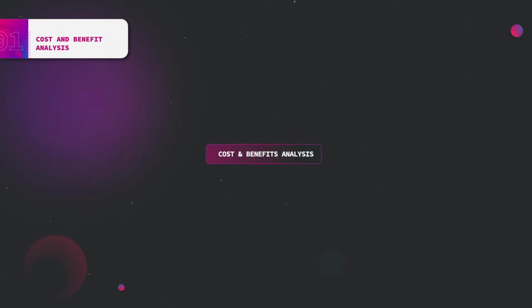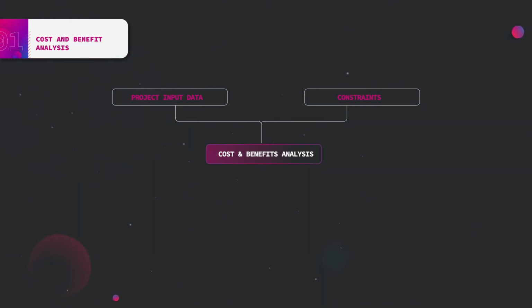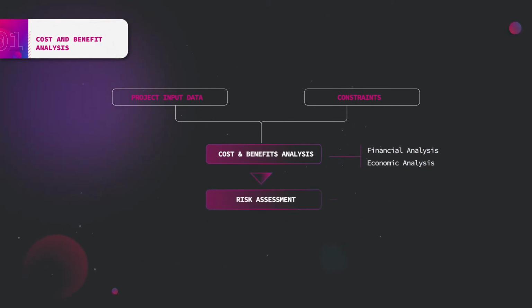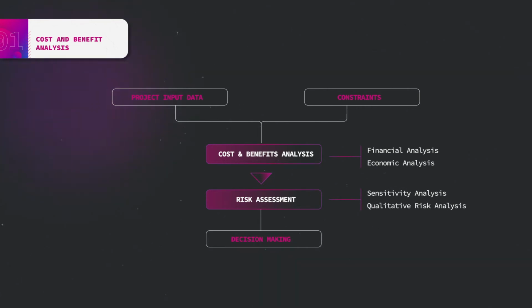To perform a CBA, it's necessary to have all project input data and all information regarding possible constraints. The results obtained from the financial and economic analysis are used for risk assessment, performing sensitivity analysis, and qualitative risk analysis. A final decision is made based on summarized results.